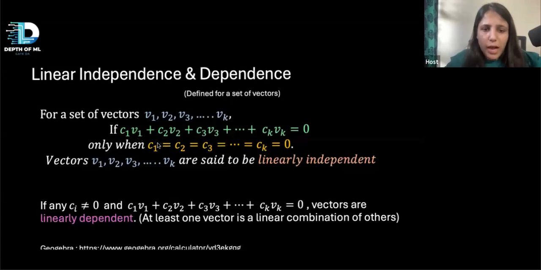If I have the equation C1 V1 plus C2 V2 plus C3 V3 up to CK VK equals 0, and I only have the trivial solution for this, it means the equation is satisfied only when C1, C2, C3, up to CK, all the scalars, are 0.